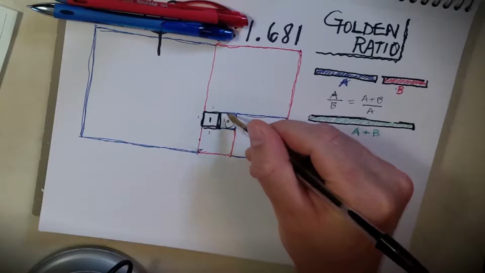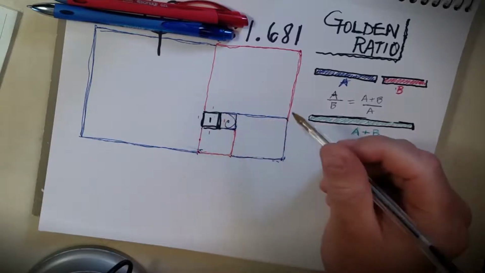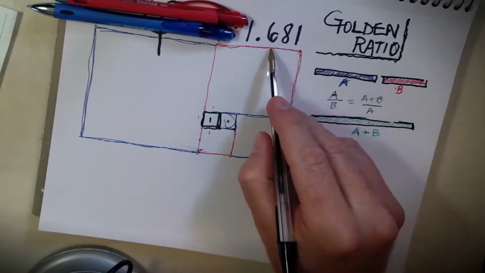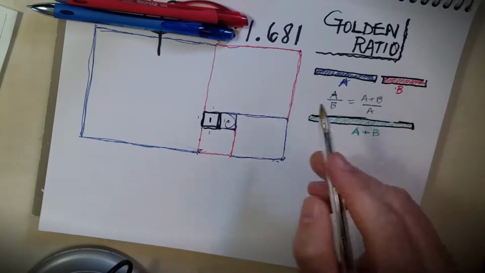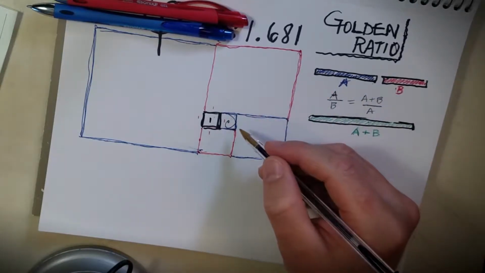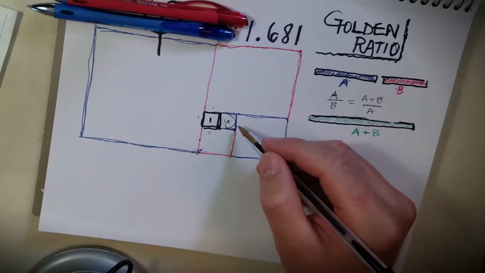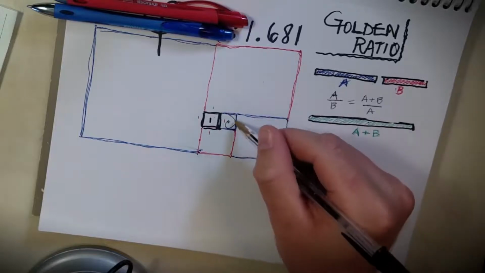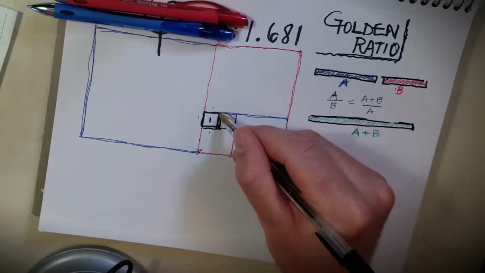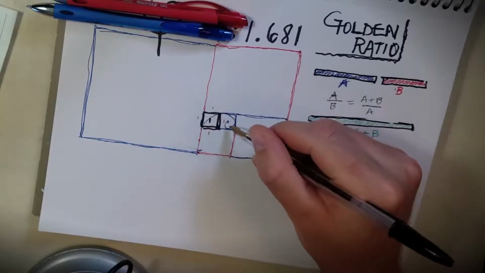So where it touches the edge is the length of A to B. Oh no, I lied. Okay, let me just draw it. Let me draw this first.